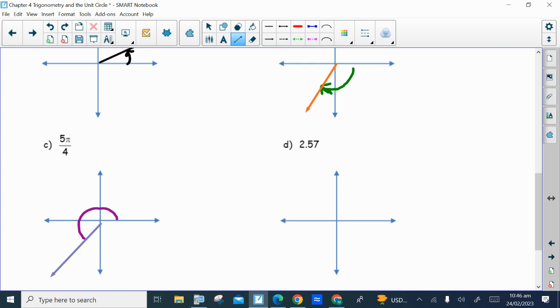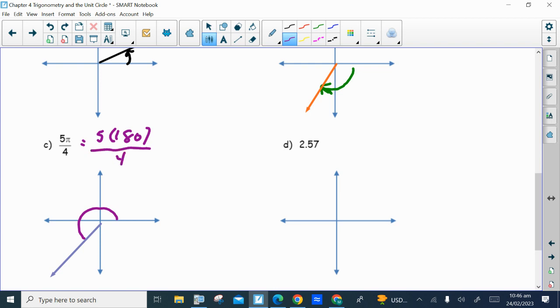Now, if we want to convert that to degrees, because this is in radians, the way to do that is to, again, let pi equal 180 degrees. Because the angle is in terms of pi, if we want to convert it to degrees, we will let pi equal 180 degrees.